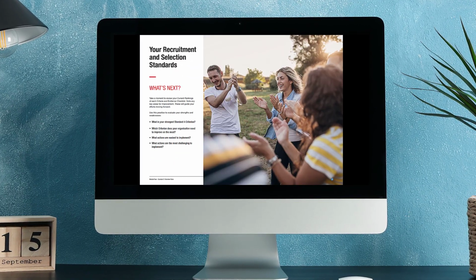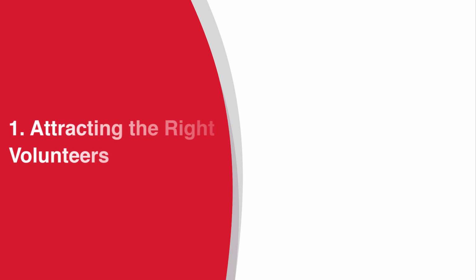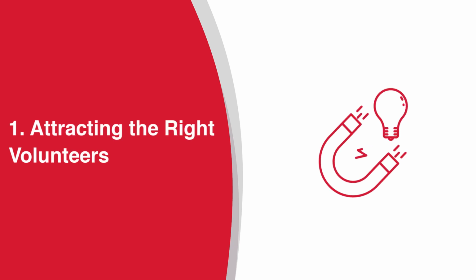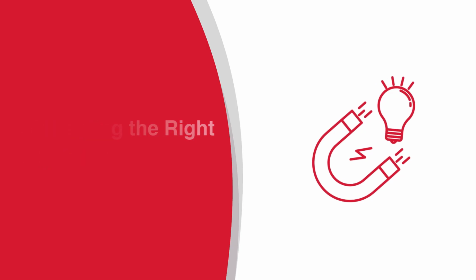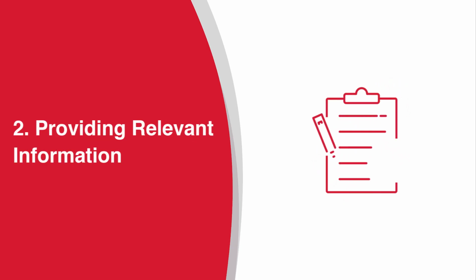Volunteering Australia recommends the following 4 criteria for Standard 4. 1. If the organisation recruits volunteers, it uses planned approaches to attract these volunteers with relevant interests, knowledge, skills, or attributes. 2. Potential volunteers are provided with relevant information about the organisation, the volunteer role, and the recruitment and selection process. 3.